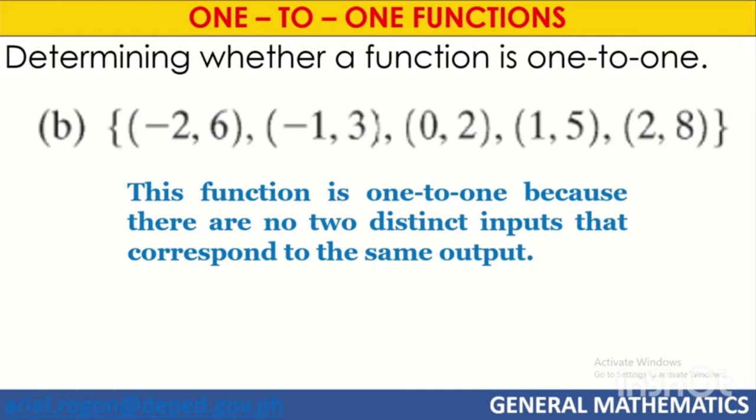So magiging function, yung function lang is magiging one-to-one kung iba-iba yung kanilang inputs that correspond to the same output. So for example, -2 and 6, so yung katabi niya is -1 and 6. So hindi na siya magiging one-to-one function since they have the same output, which is 6. So the given example letter B is one-to-one function.